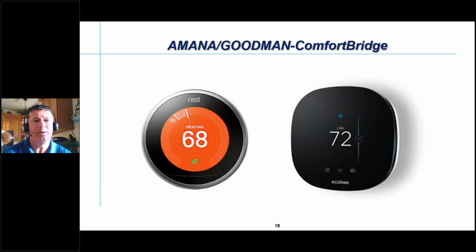So Amana came to the platform and went, you know what? A thermostat has always really just been a switch. It's all it was ever designed to be. And somehow we got away from that and we turned it into a computer that doesn't talk to any other computer. It only talks to its own network of computers.